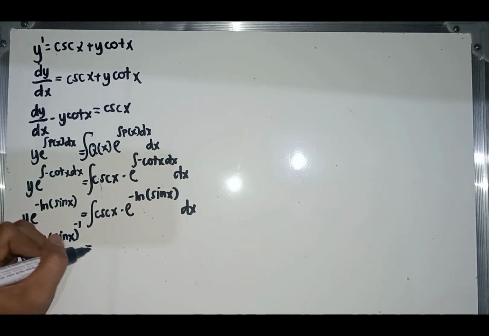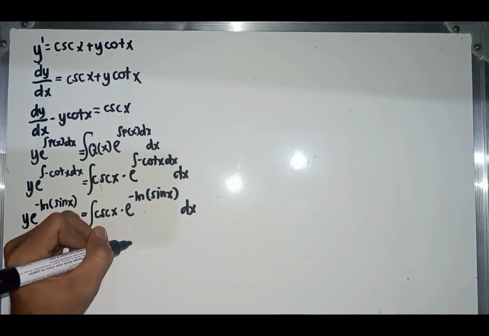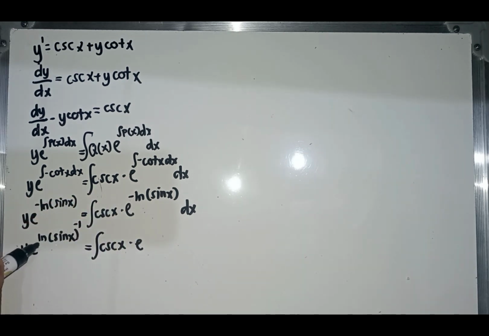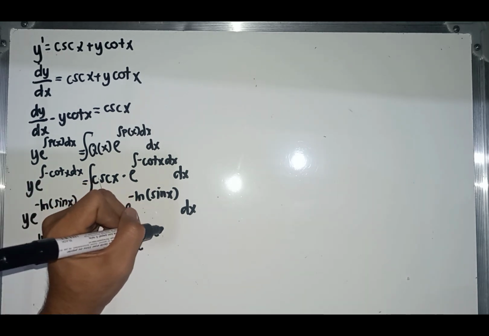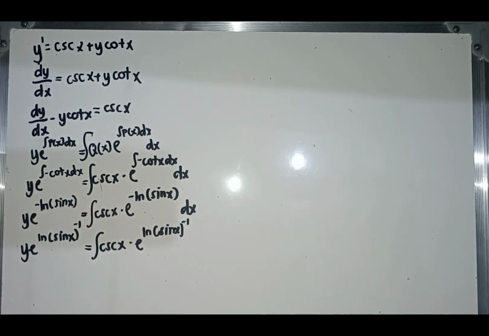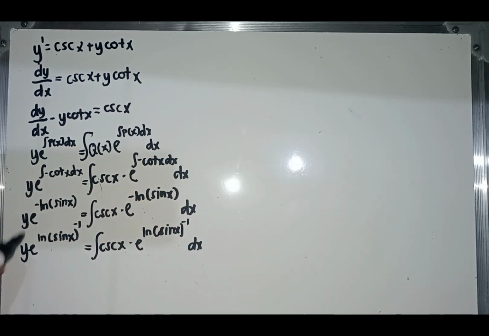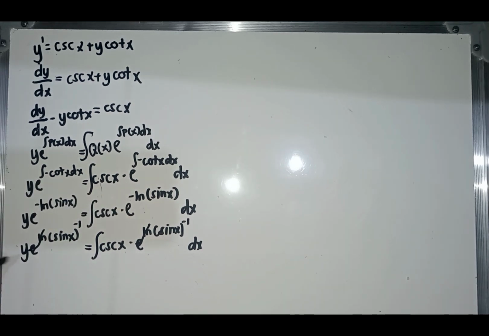This will be equal to the integral of cosecant of x multiplied by e to the ln of sine x to the power of -1, dx, same as what we did here. We know that e to the power of ln can be cancelled, so we cancel the ln.